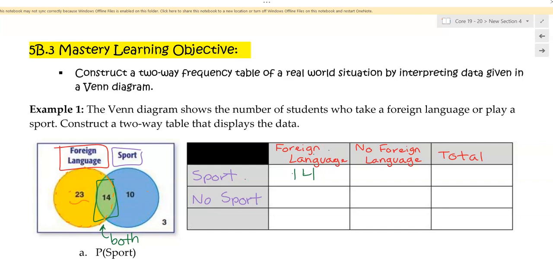So where those two things meet, I get 23. Here, this 10, again, it's inside our sport circle, but not in our foreign language circle. So it's in a sport, not in foreign language. It's going to be here. That's where those two things cross.